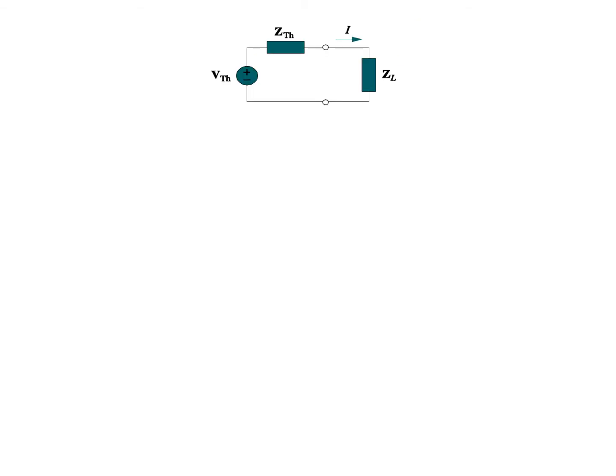Now, to understand the concept, we converted the linear circuit with the Thevenin circuit, and then connected the load. And now we can divide the impedance in terms of a resistive component and reactive component.